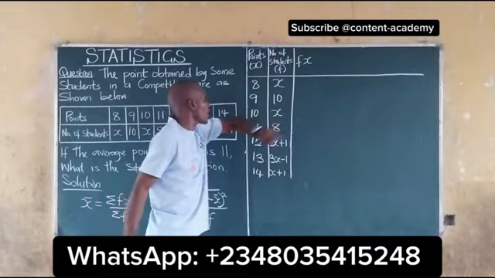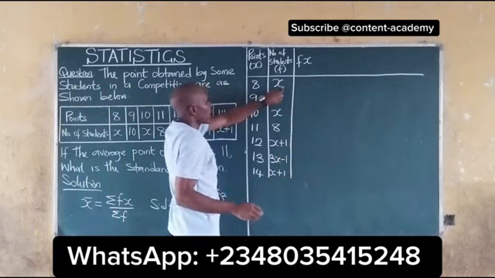We have f of x. Our f of x will be f multiplied by x.